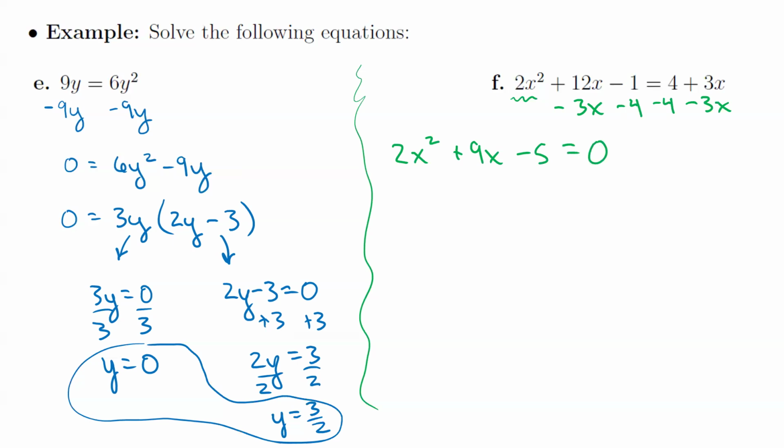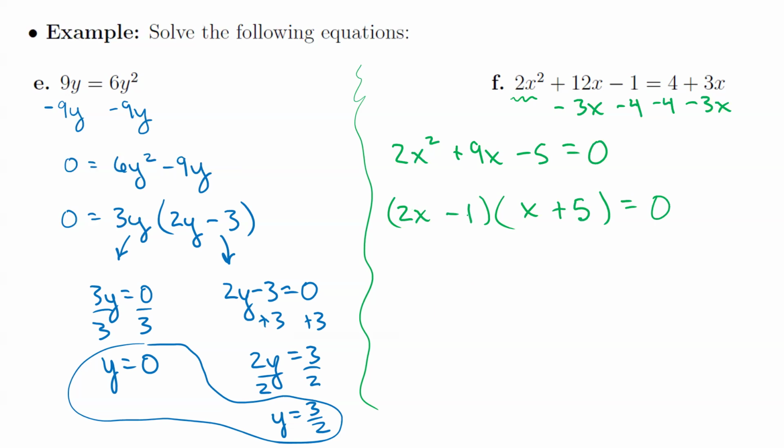And in a problem like this, we could do the AC method, but 2x squared has only one way it can break down. Negative 5 can break down as 1 and negative 5 or negative 1 and 5. So I don't have a ton of possibilities, so I think I'm okay doing the guess and check here. So I'll put in 2x and x, and then notice that it's a positive number here, and kind of a big positive number. So my guess would be making a plus 5 where the 5 ends up getting multiplied by 2x.